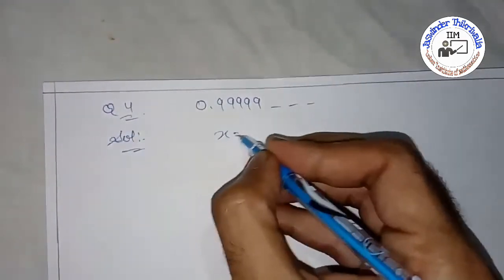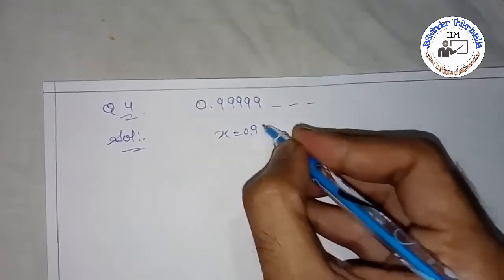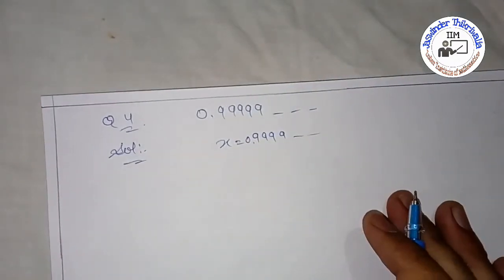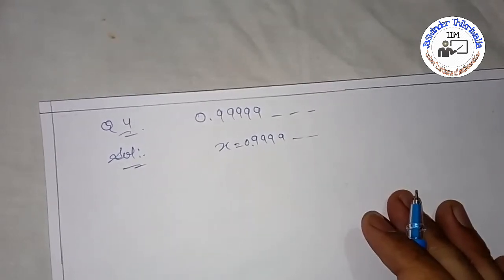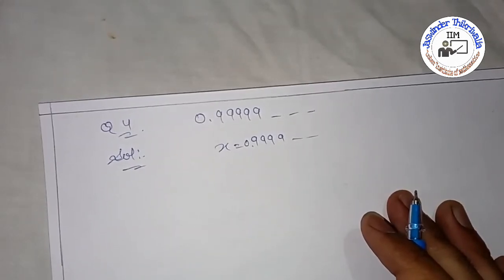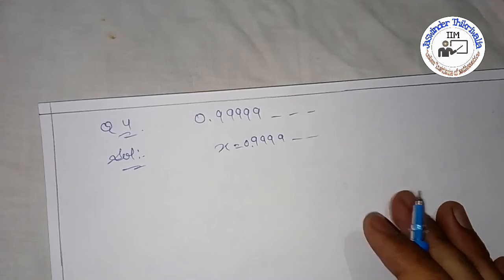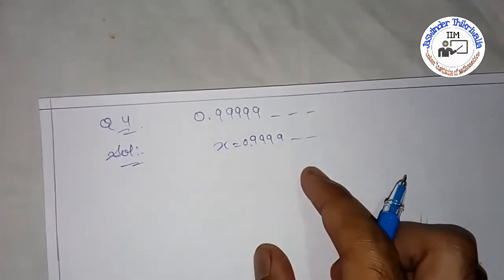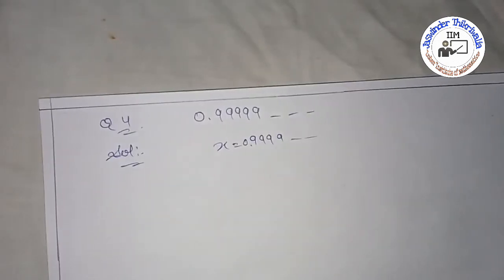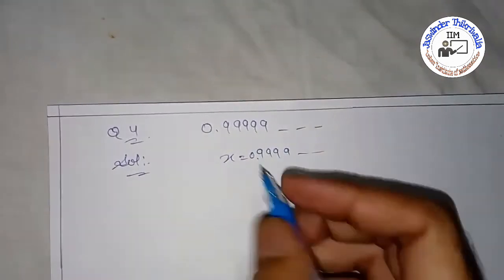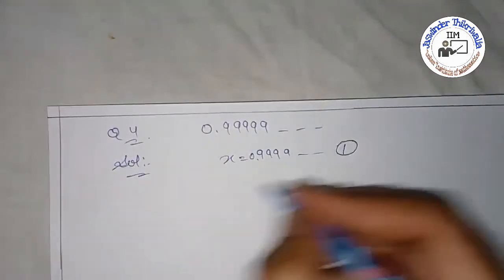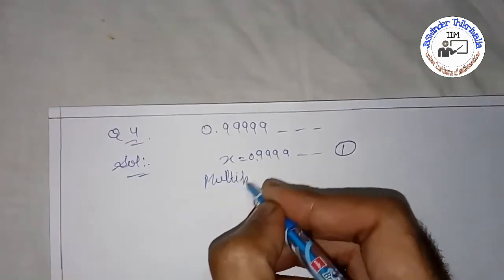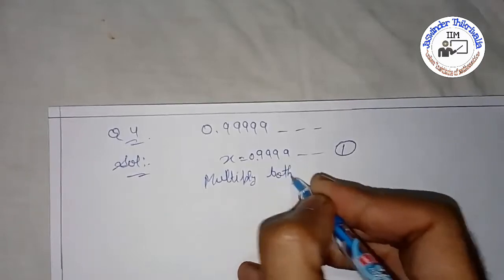We will suppose x is equal to 0.9999 and so on. In this value you can check that only one digit is repeating, that digit is 9. So 9 is repeating, so we will multiply both sides with 10.